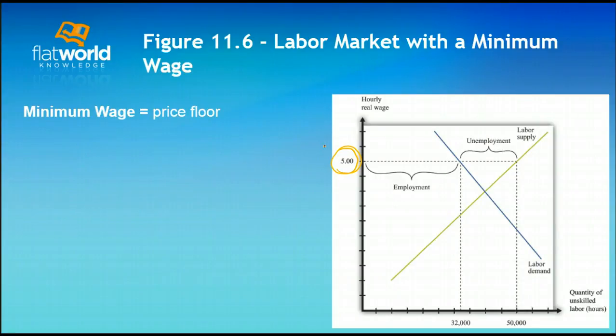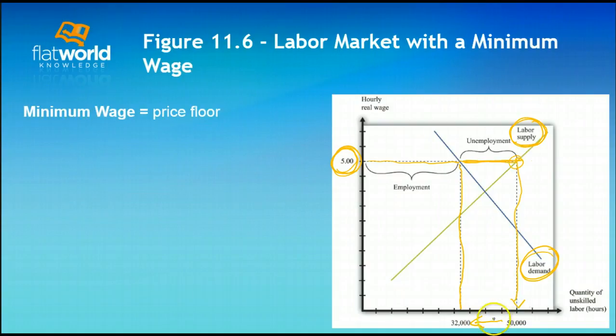Now it's going to be $5. Labor demand, which is how much labor the firms are willing to employ, at the new higher wage, they're willing to employ, look at this, fewer workers. But at that new higher wage, the amount of labor workers would like to supply is actually greater.